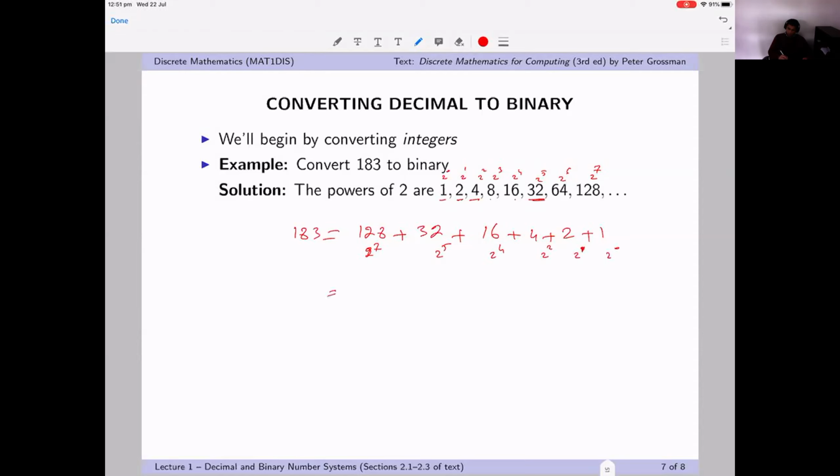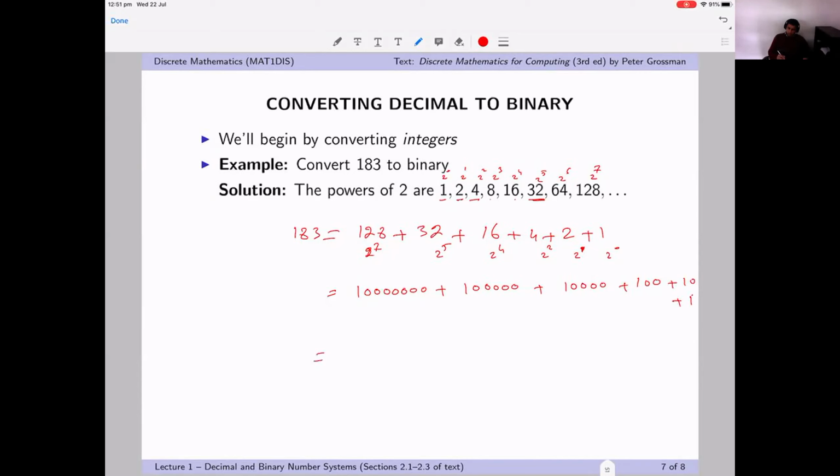So 2 to power 7 means 1, and then there are 7 zeros in it. 2 to power 5 means 1, and then there are 5 zeros in it. 2 to power 4 means 1, and there are 4 zeros in it. Similarly, 2 to power 2 would be 1 with 2 zeros. 2 to power 1 would be 1 0, and 2 to power 0 is simply 1.